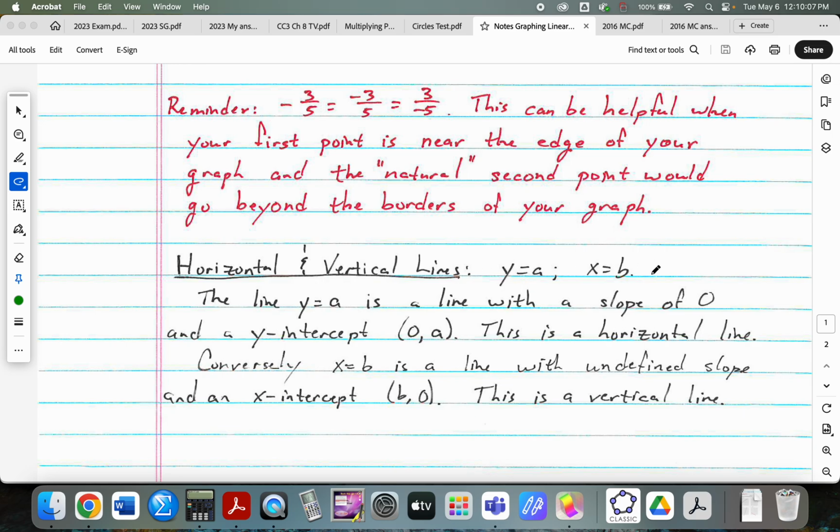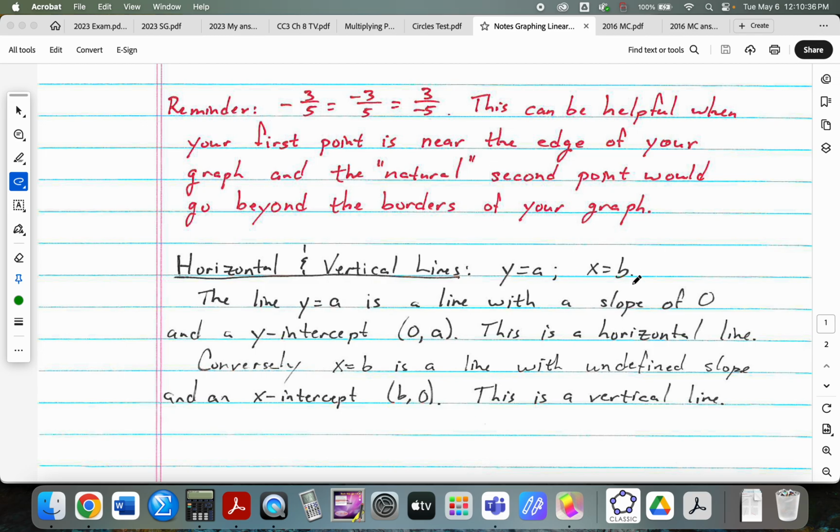And then horizontal and vertical lines: y equals a or x equals b. Y equals a is a line with a slope of 0. Notice there is no m, right? No slope. And the y-intercept is 0, a. Honestly, the way I think about this, and I don't know if it's helpful, if it's y equals, say, 3, then the only axis that it goes through is the y-axis, and it goes through the y-axis at 3.